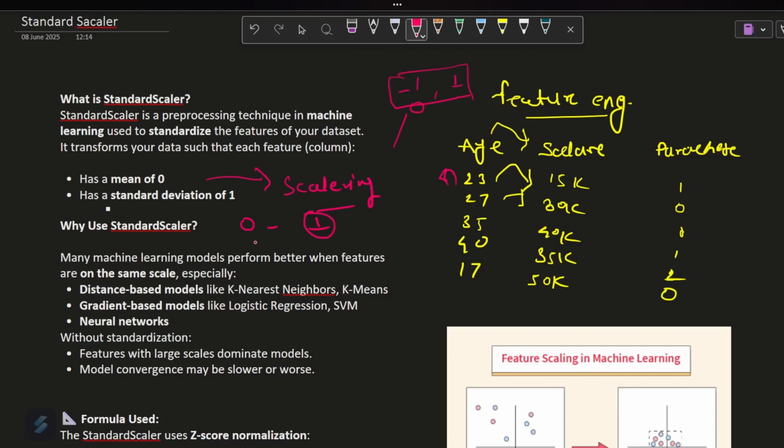But in the standard scaler, the values are mostly in the range -1 to 1, and the mean value of that scaled age or salary is 0, and the standard deviation is 1. This is the basic concept. Any time you apply the standard scaler, you will see the mean of the scaled values is 0 and the standard deviation is 1.